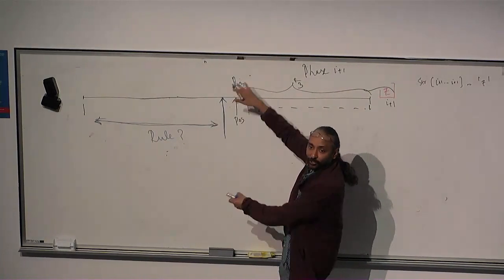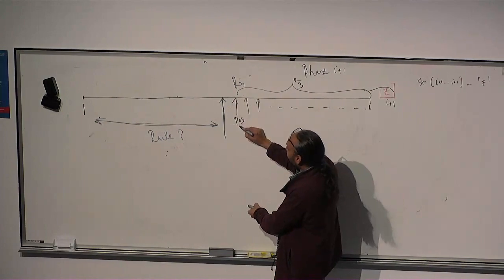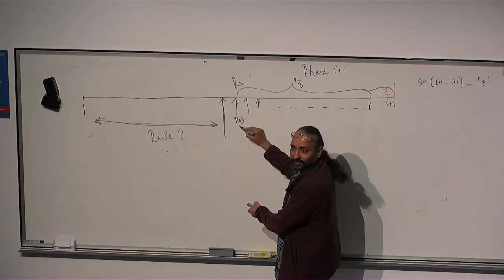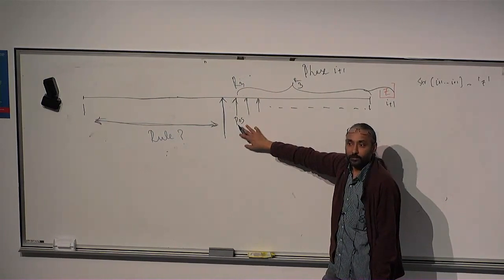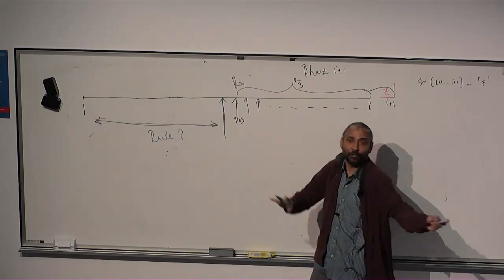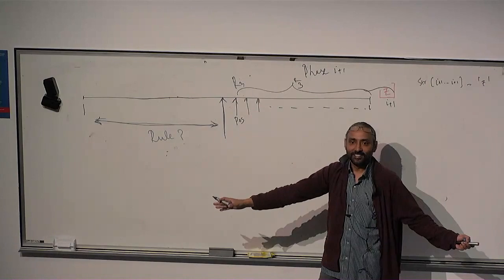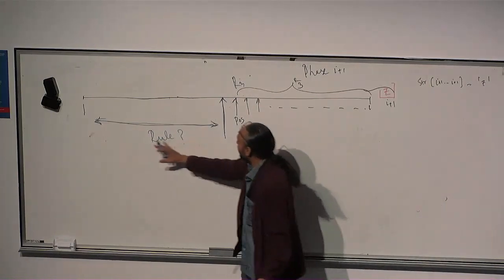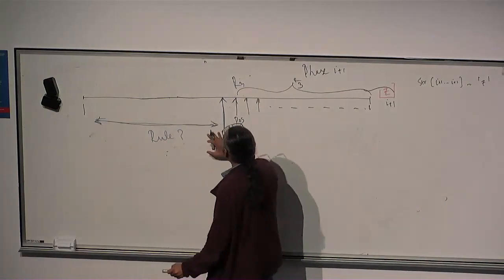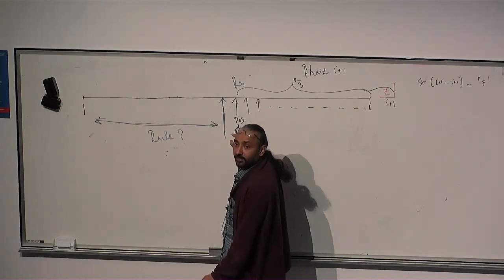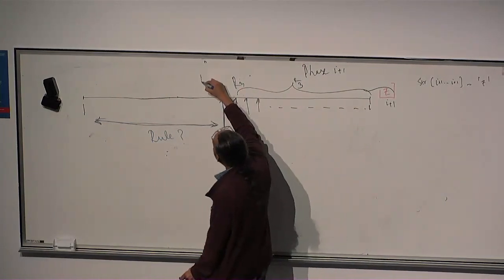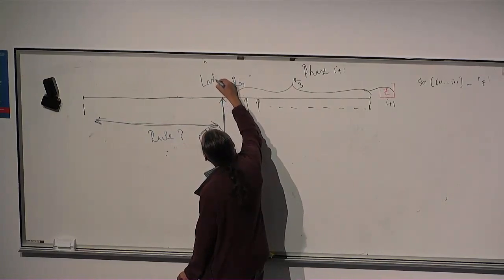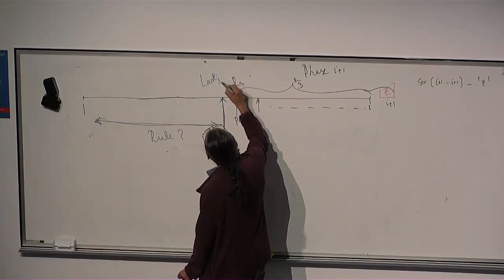You finished the extension at that position, you realize it was rule 3, you stop. You never saw rule 3 before. If you saw rule 3 before, you would have stopped earlier. That means that everything from here to here, before that position, is rule 1 or rule 2, correct? We will give a special name to that position.